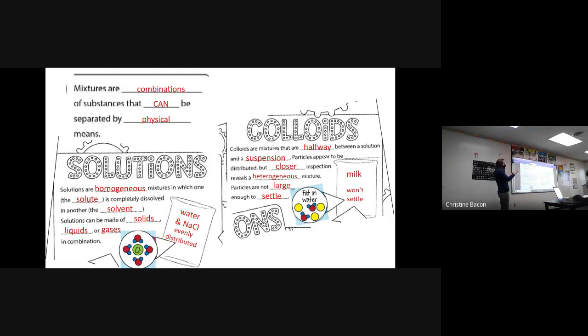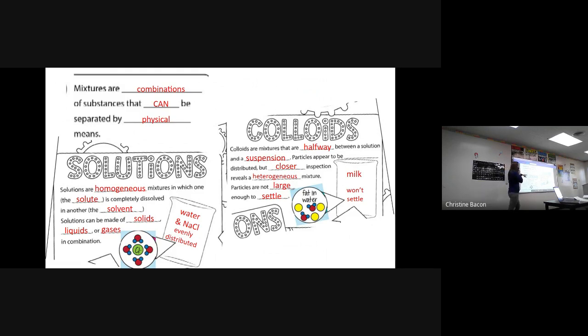Breast milk has a lot of fat in it because growing babies need a lot of fat to help their brains develop, the DHA in it. So if you see a container of it in a fridge, you'll see a big layer of fat on top of the liquid underneath. So that's an example of a colloid. It's all mixed together, but eventually it'll settle out.